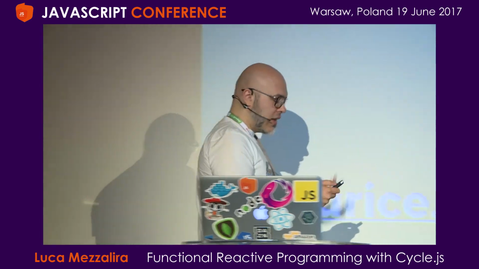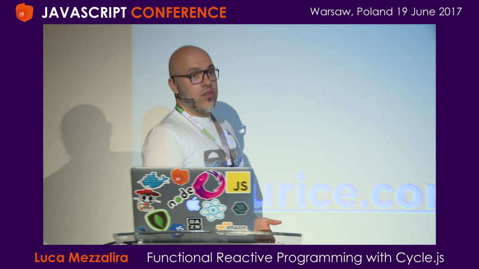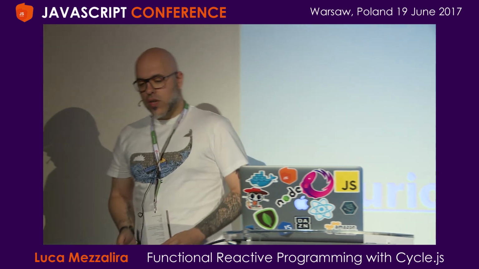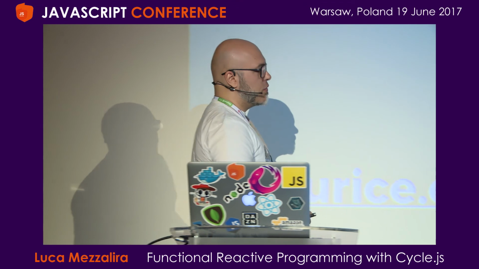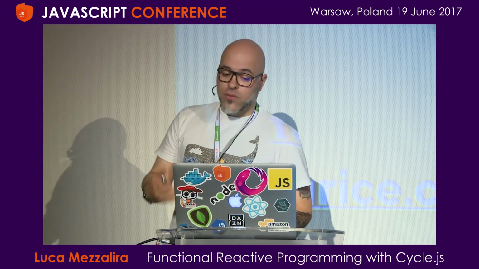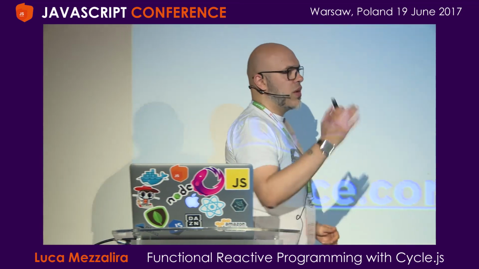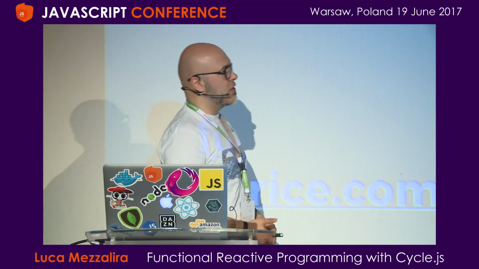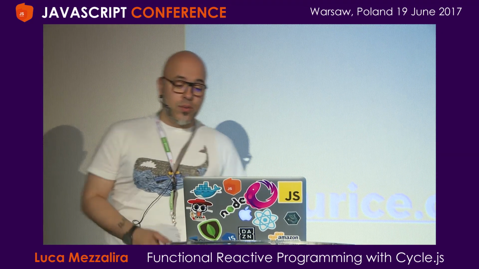Usually there is a library, in this case a side effect in this cycle, that does the rendering. In the example we are going to see in a moment, I use Hyperscript to do that, because in the new version of Cycle you use Snabbdom, a very fast virtual DOM library embedded inside Cycle.js. You can use whatever you want in Cycle; it's not mandatory to use Snabbdom. You can also use React, but in this case I got it out of the box.